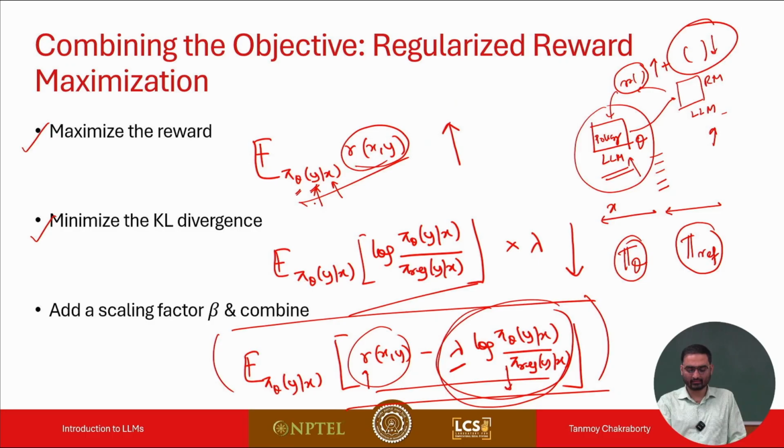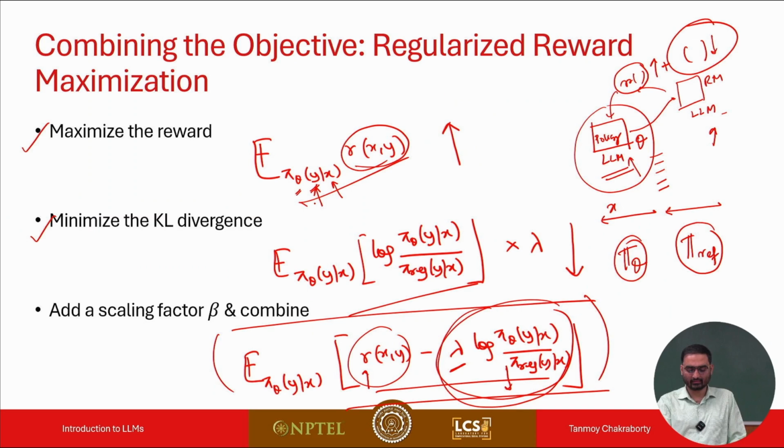For example, X is the prompt 'Where is Taj Mahal located?', and Y is the response. Let's say the response is 'Taj Mahal is located in Uttar Pradesh', or 'Taj Mahal is located in France', and so on. Based on that, you give high reward or low reward, right?